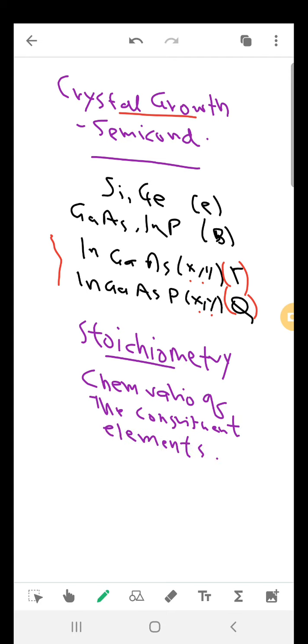That's what stoichiometry means. So this has to be maintained, that means these X and Y values.